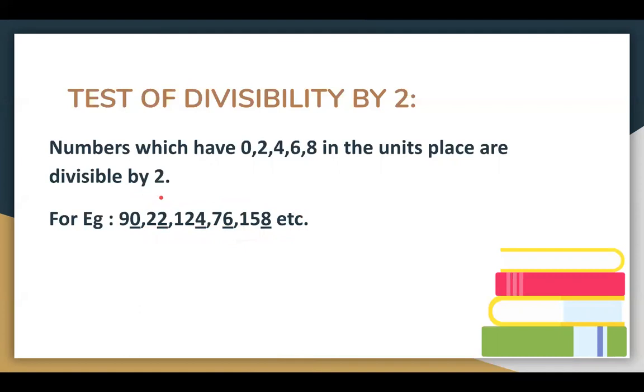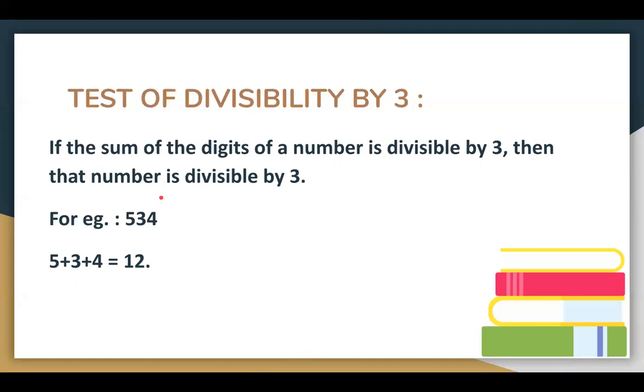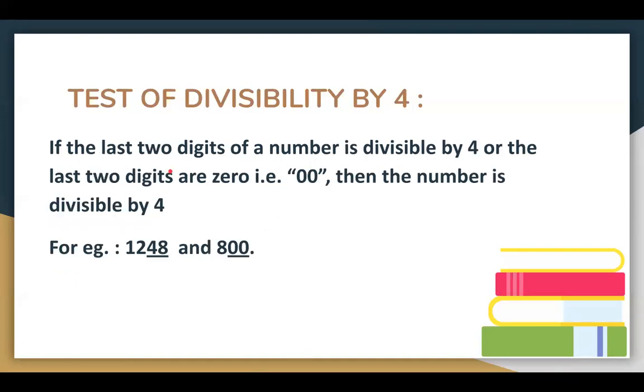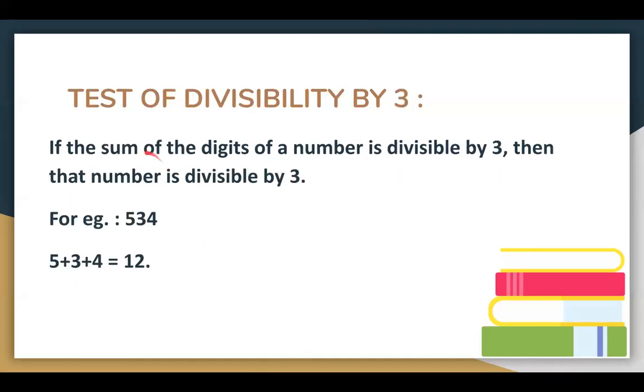Let's see the next test. Test of divisibility by 3. If the sum of the digits of a number is divisible by 3, then that number is divisible by 3.